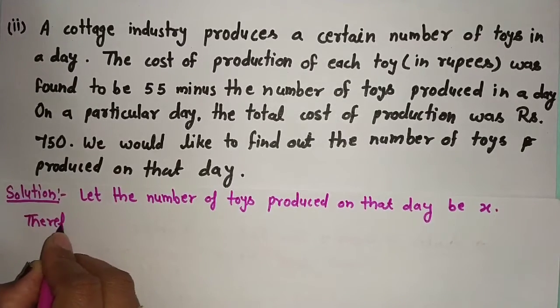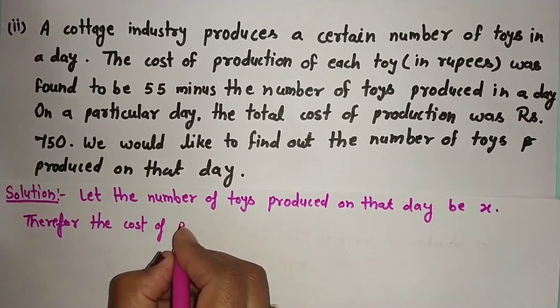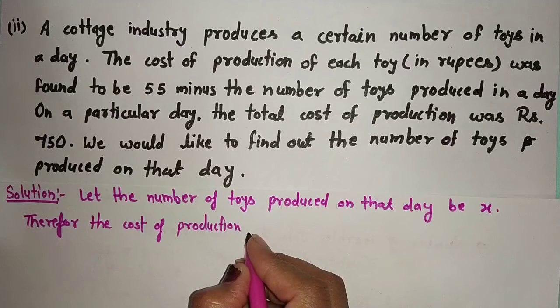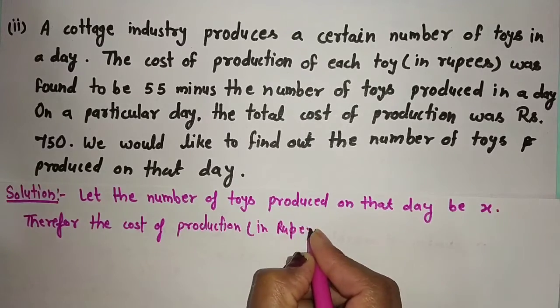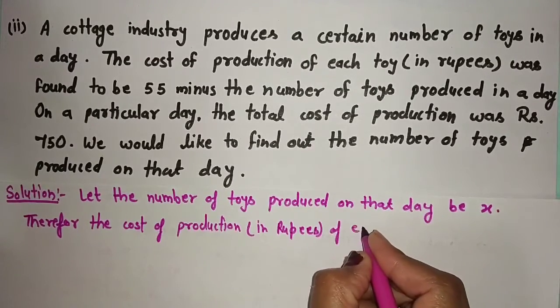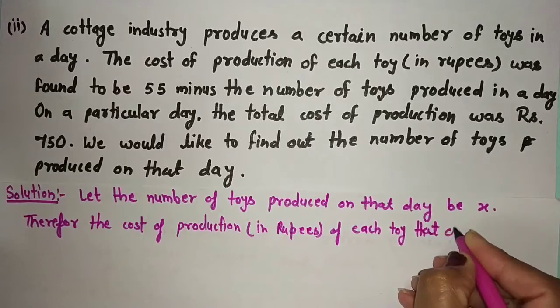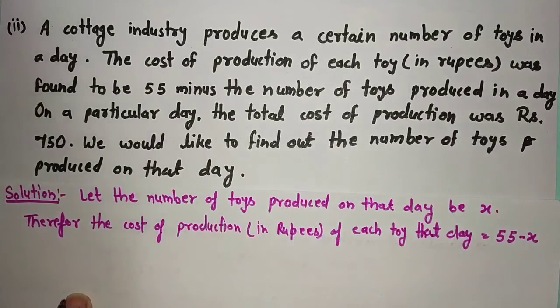Therefore, the cost of production in rupees of each toy that day is 55 minus x rupees.